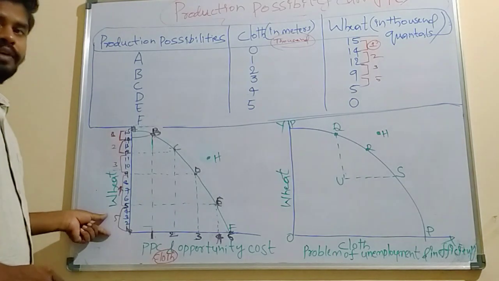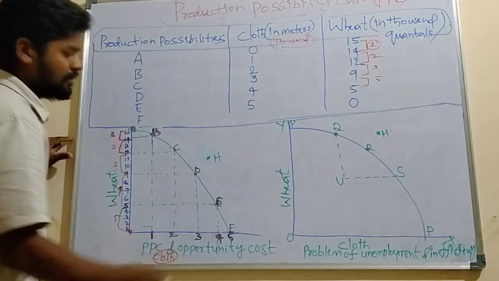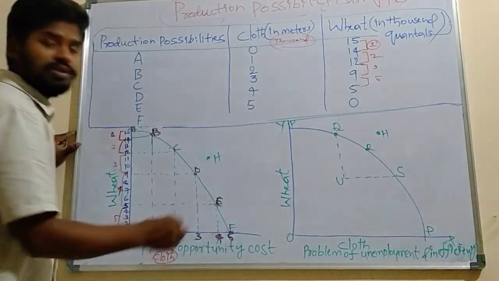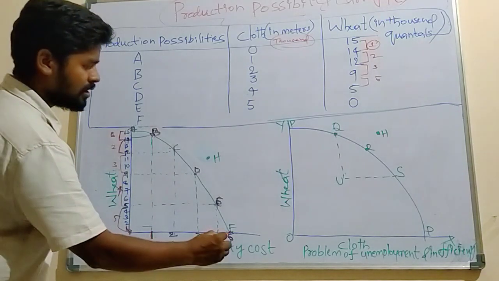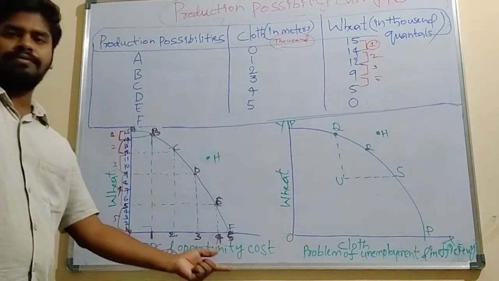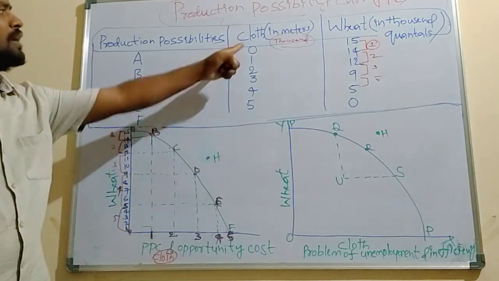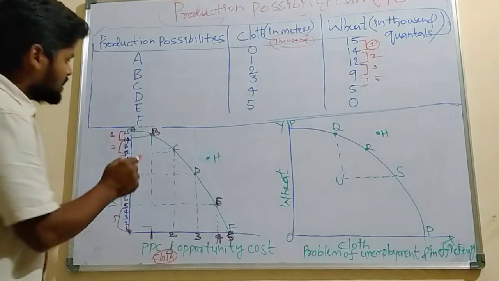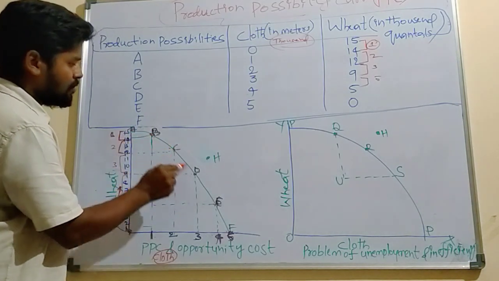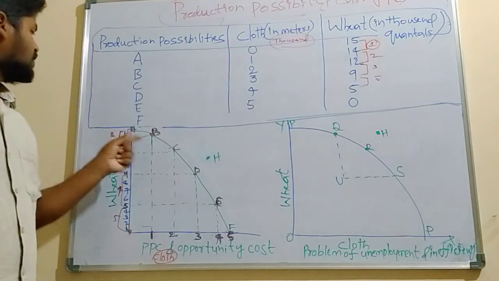Means 5,000 quintals of wheat we have sacrificed, E to F. We have here 5,000 quintals of wheat we had sacrificed to produce the cloth. 5,000 meters of cloth we had tried to produce in order to make the opportunity cost.